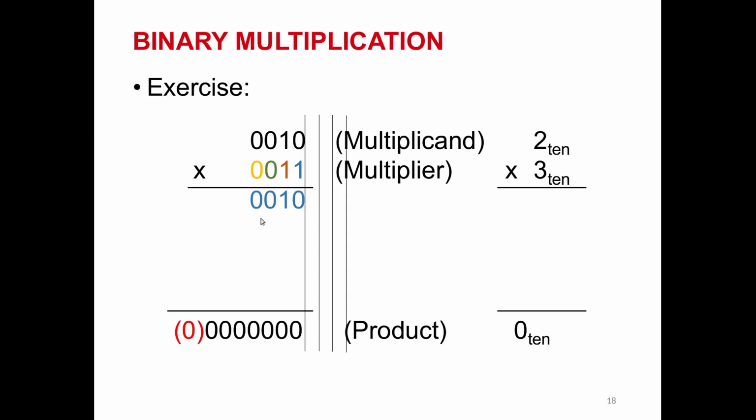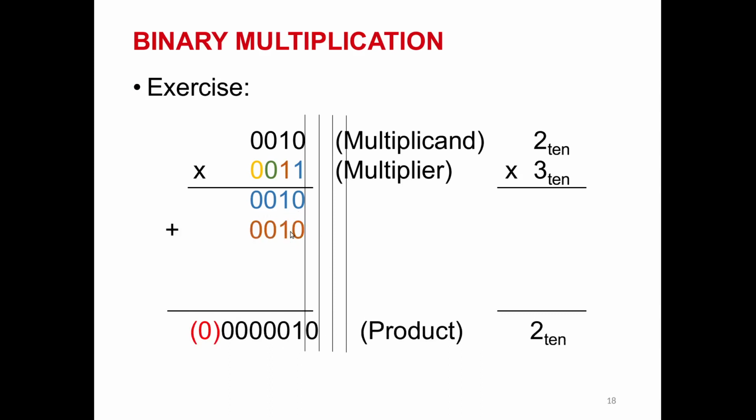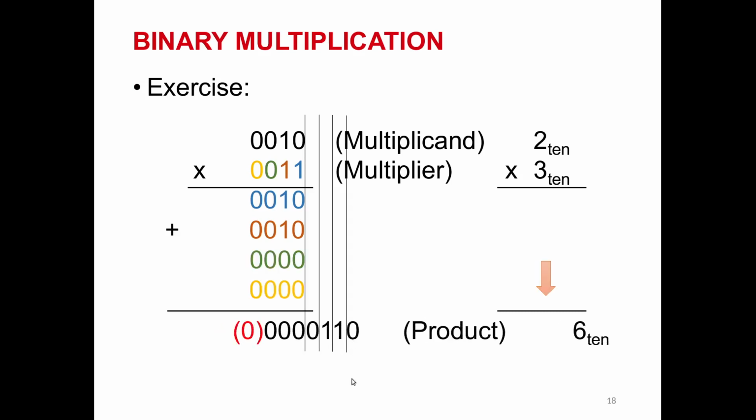Instead of shifting it to the left, we shift the product to the right, and the next result of this bit in the multiplier multiplied with the multiplicand, instead of shifting 1 bit further to the left, sits right here, and the result will be written to the product, but the product we need to shift 1 bit to the right, and we do the same, and finally we have the correct result, no change in our result.